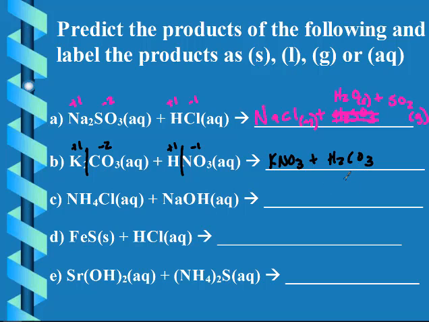You can just write it directly from there. But again, this one doesn't exist, so that's going to turn into water and carbon dioxide when it's getting formed. Water is a liquid, carbon dioxide is a gas, and according to my solubility rules, potassium nitrate would be aqueous because it's group 1A.